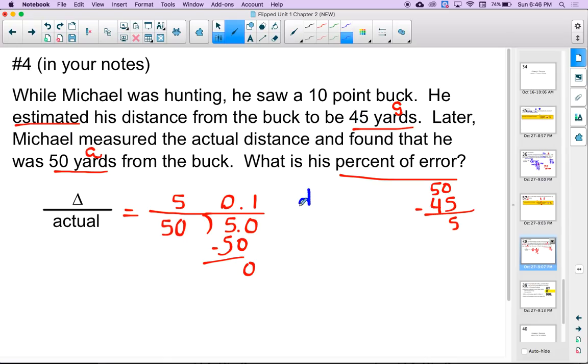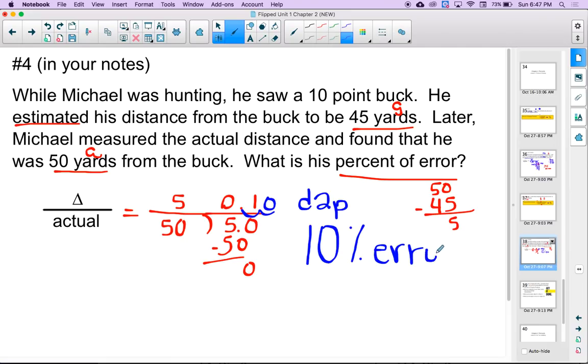Remember, we are going to use D2P to change that into a percent. Move our decimal 2 places to the right and add a 0. So our final percent answer is 10%. This time we don't have to worry about using the words increase or decrease. We just have to follow it with the word error.